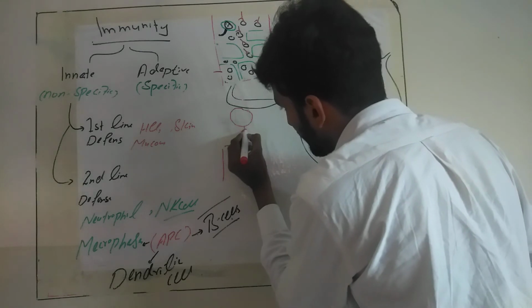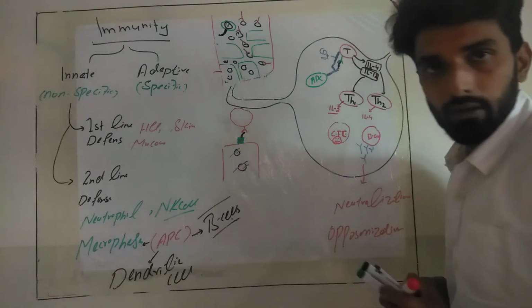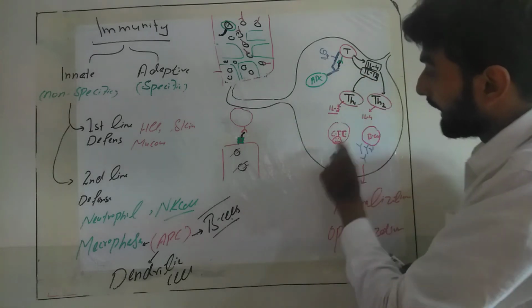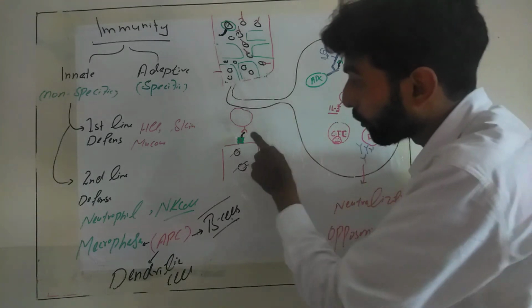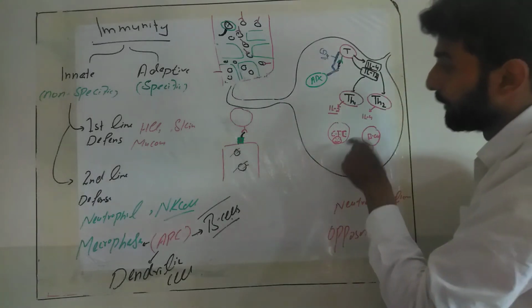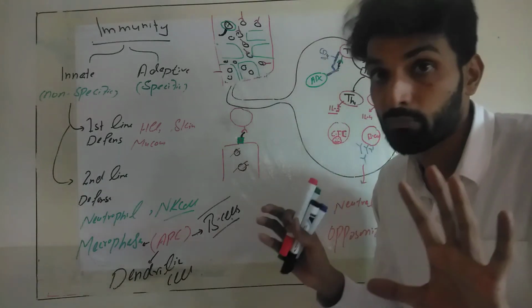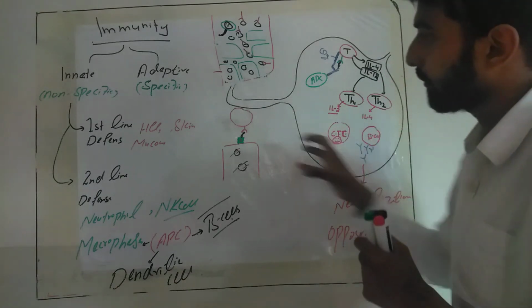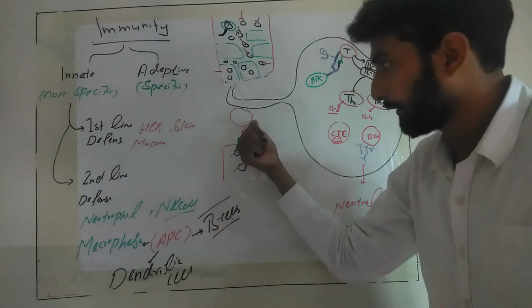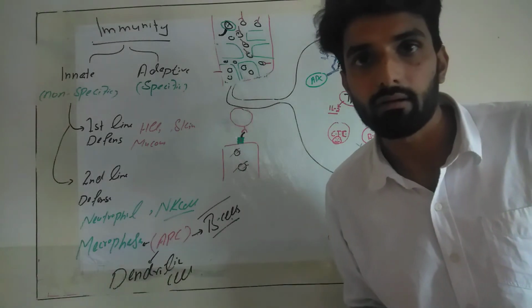It will recognize this antigen. It will work only on those presented antigens against which it was activated. So this cytotoxic T cell will be very specific. If some other antigen is presented to this cytotoxic T cell, it will not work against that antigen.